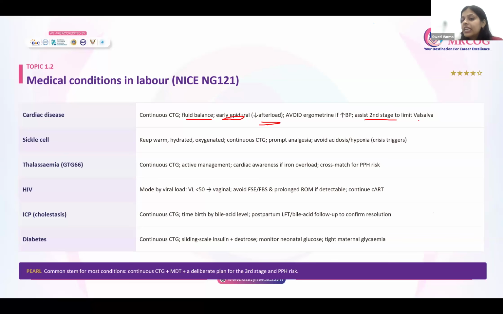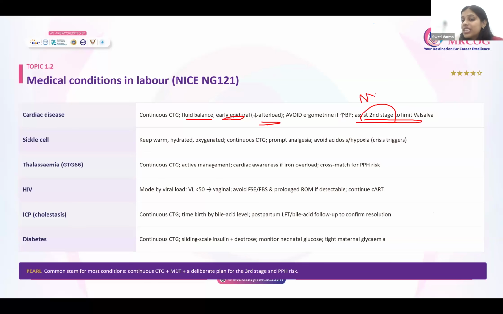Now this again is a bit controversial. Why? Because in recent talks, they say that routine shortening of second stage of labor through assisted vaginal birth as such is not recommended. We don't need to always use instrumental delivery to shorten the second stage of labor, but always individualize depending on her NYHA status.